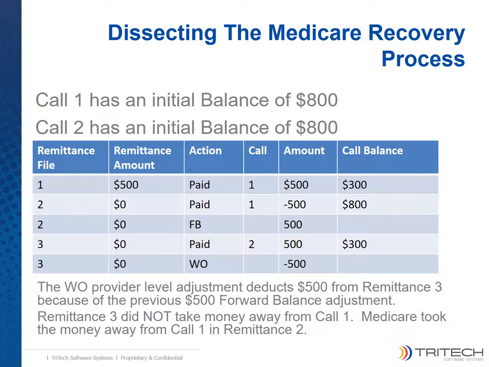It's important to note that remittance number 3 did not take money away from call number 1. Medicare took the money away from call number 1 in remittance 2.